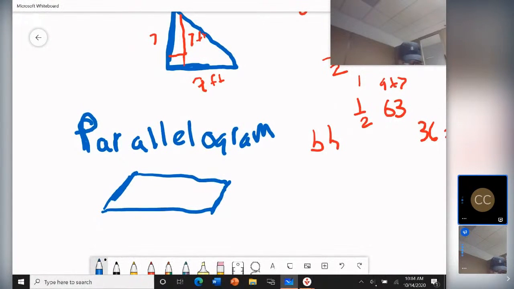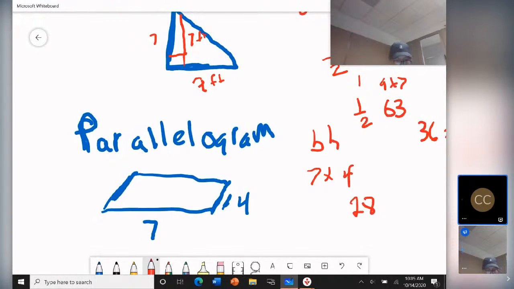So we'll say the base is 7 and the height here is 4. So it's just the bottom times the height. So in this case, base times height would be 7 times 4, and that equals 28. Okay, so the parallelogram is base times height. And you have the base of the parallelogram times the height. Okay.